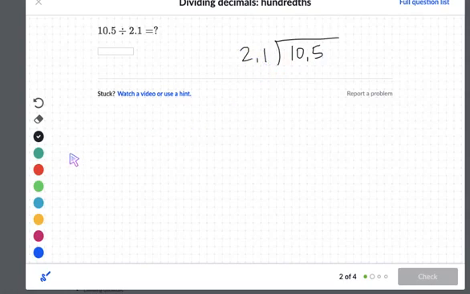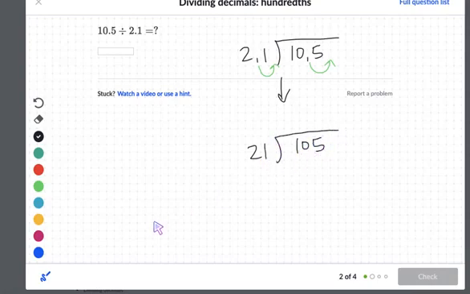That goes on the outside. It is not a whole number for your divisor, so we're going to move it over one spot on the outside, and I got to match it on the inside as well. So now this problem is new. It becomes 21 on the outside and 105 on the inside.